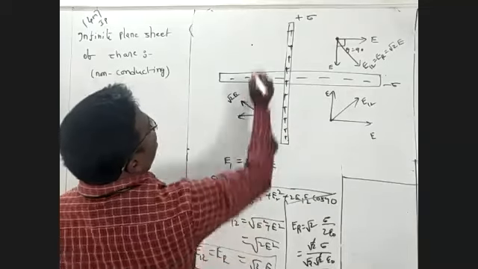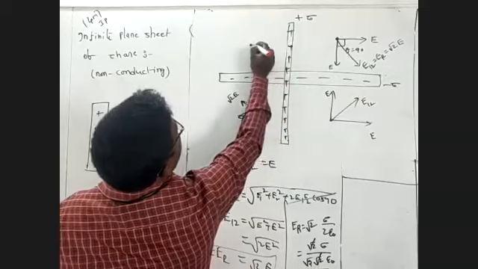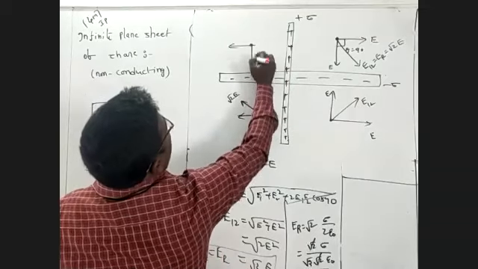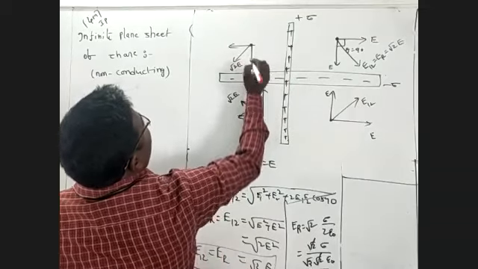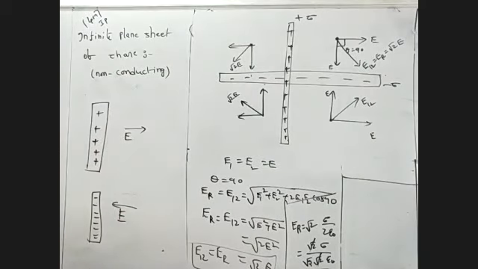At this place the direction of electric field is outward, in this place inward. We are going to find out the electric field. Next, conducting sheet.